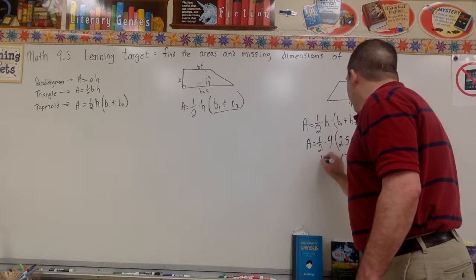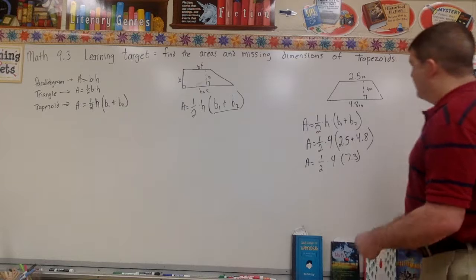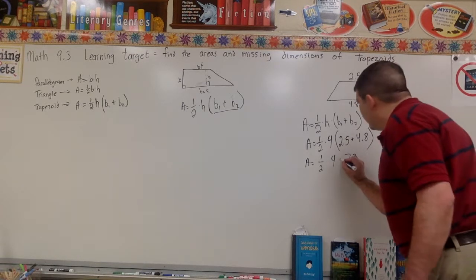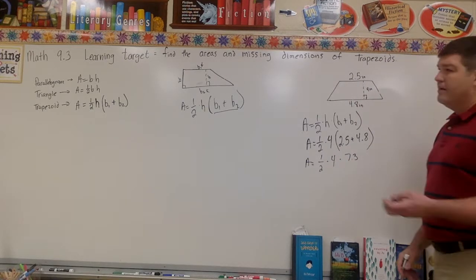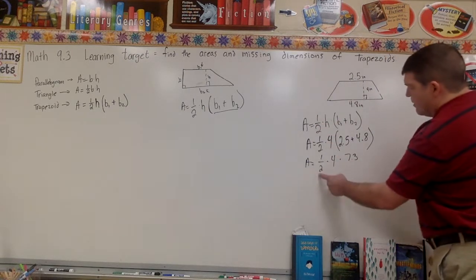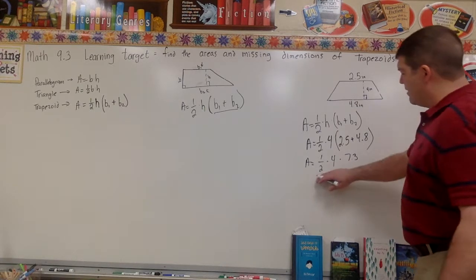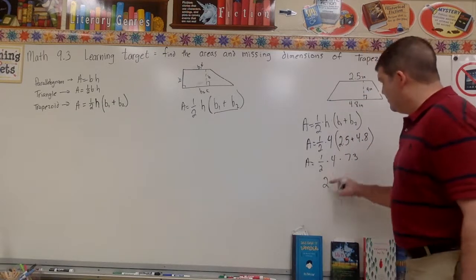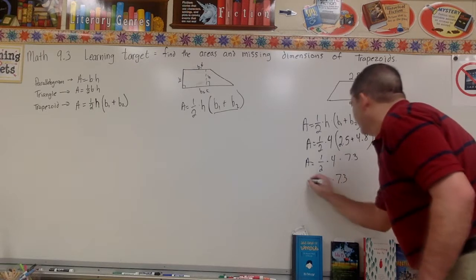So area equals 1/2 times 4, and now I can actually get rid of these parentheses. Put a dot right here. Now I have the formula for a triangle. It's 1/2 times 4 times 7.3. So I'm going to do the 1/2 times 4. I know half of 4 is 2, times 7.3.